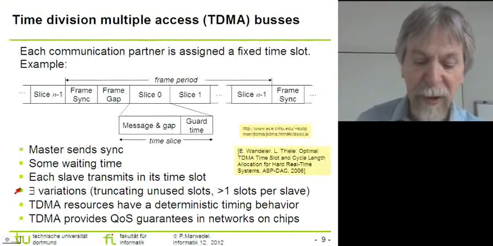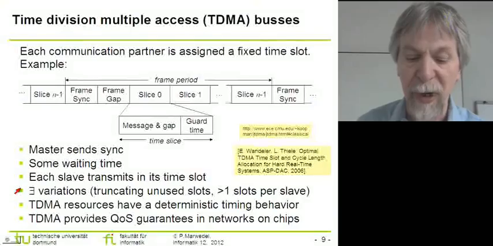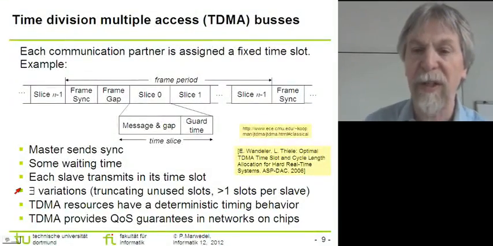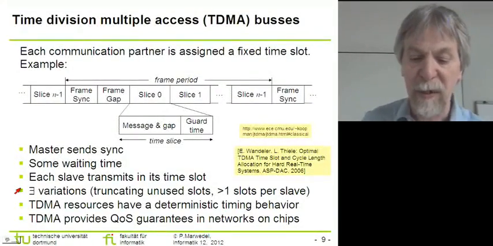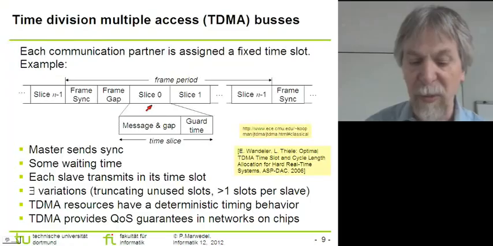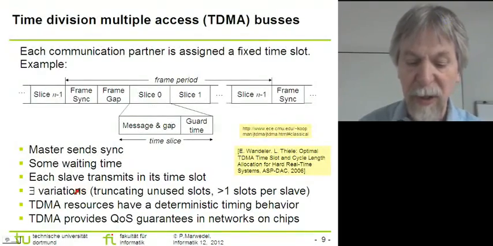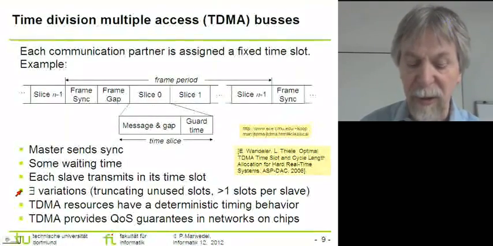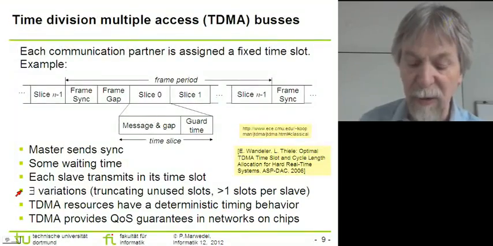There exist certain variations, like for example truncating unused slots, so that in this case we are violating a little bit, or we are stepping a little bit away from this very static structure. We could think of just skipping slots that are not needed. This would not really violate our real-time constraints.